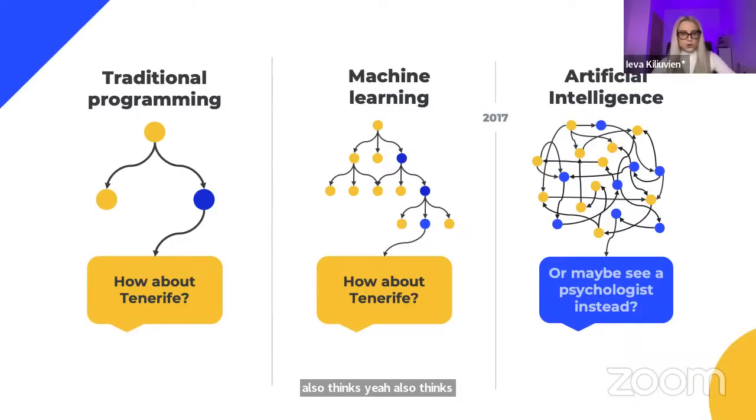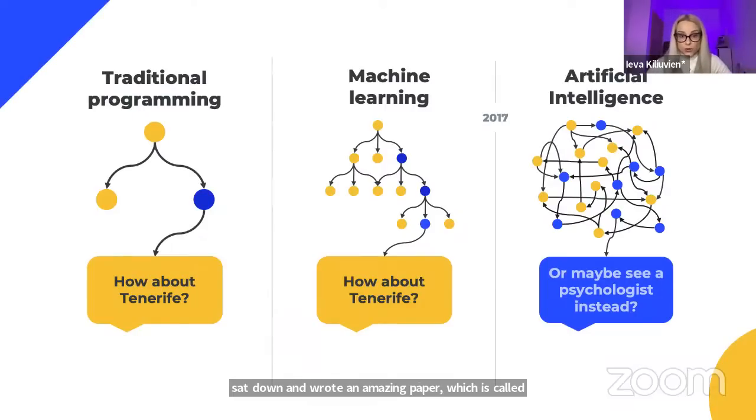I guess you are probably curious about why the date 2017 is mentioned here. So it was 2017 when that big breakthrough happened. When Google folks sat down and wrote an amazing paper, which is called Attention is All You Need, yeah?